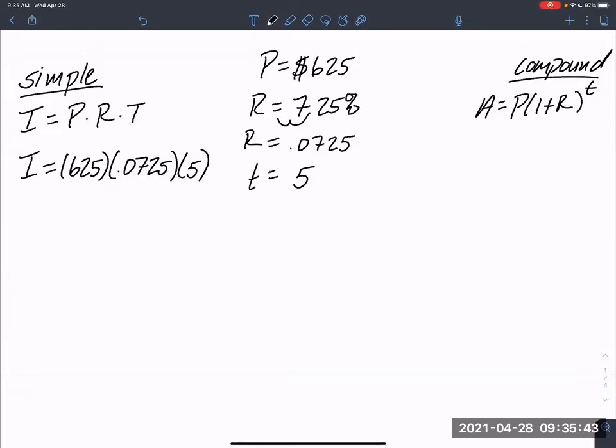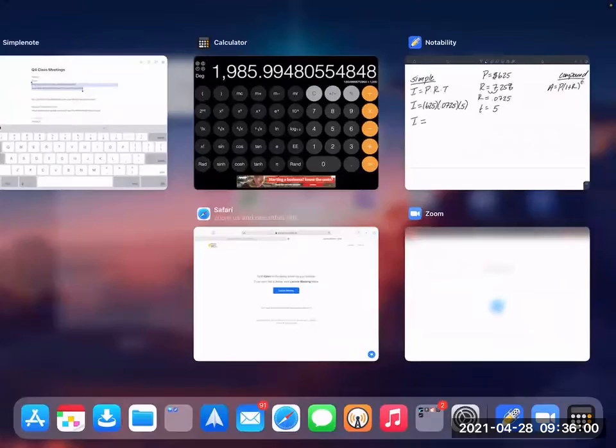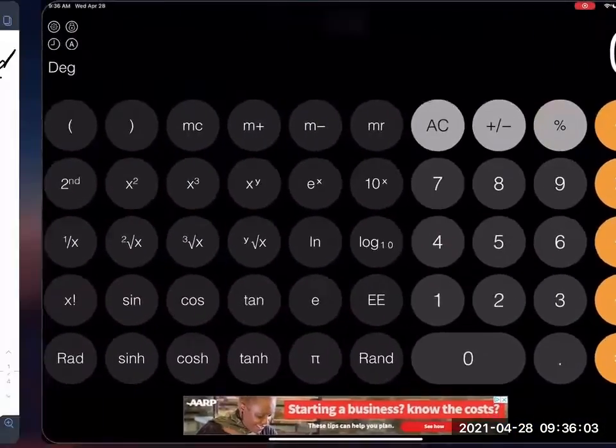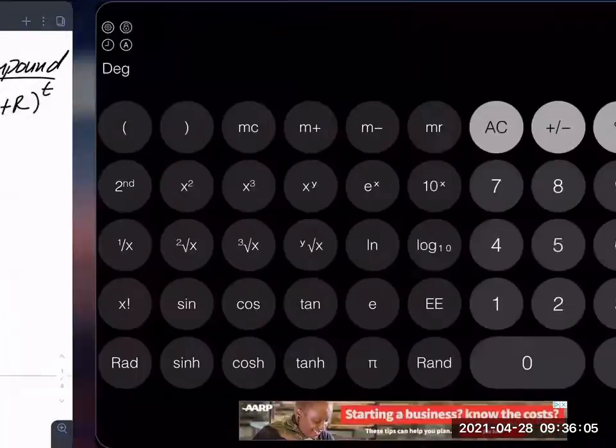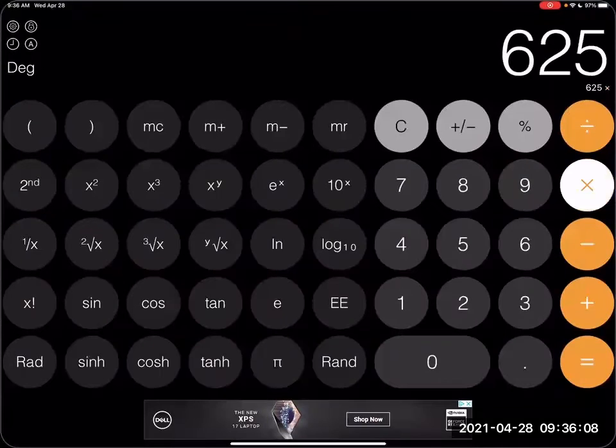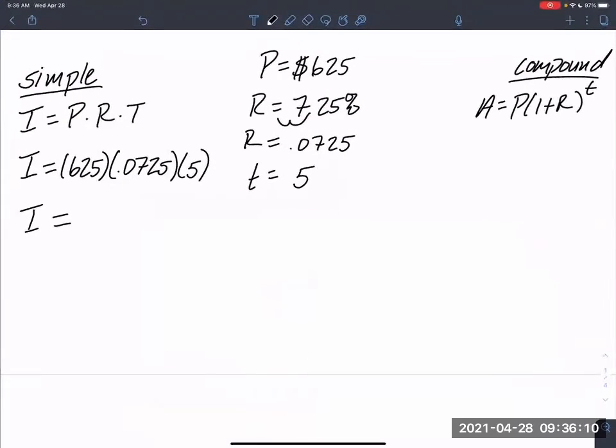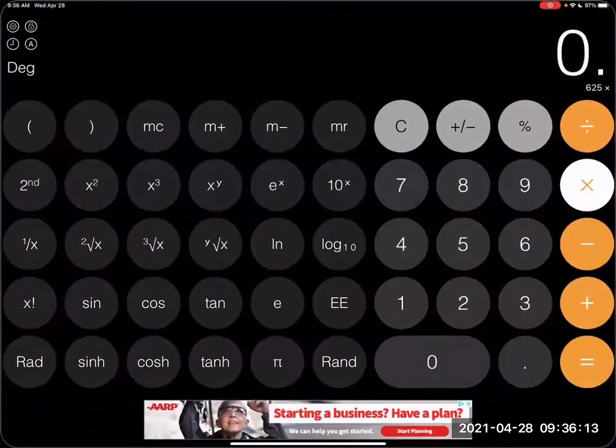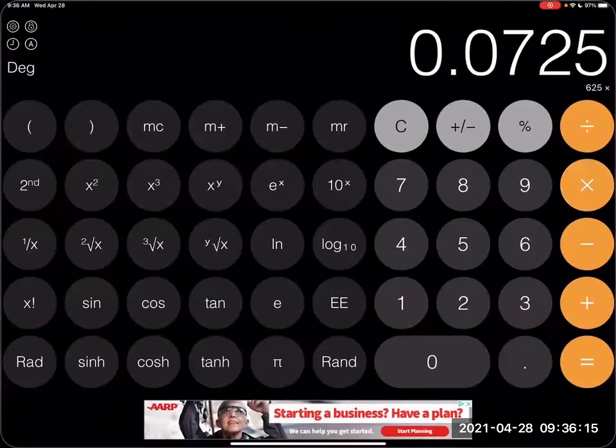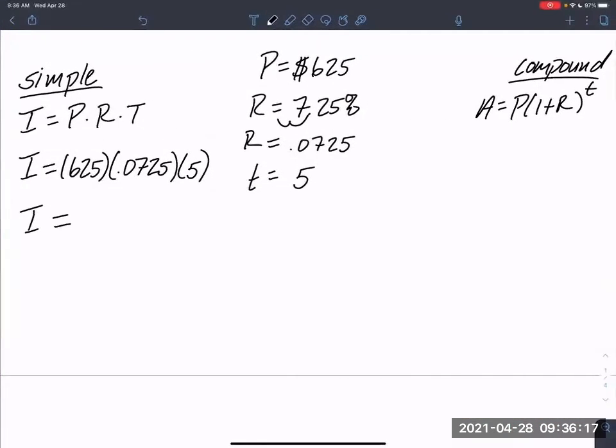Somebody give me the number, please, for interest. Actually, you know what? I think I have a calculator right here. 625 times 0.0725 times 5.